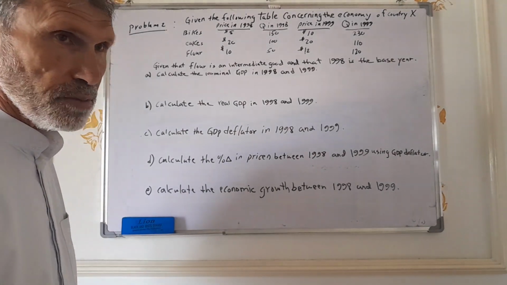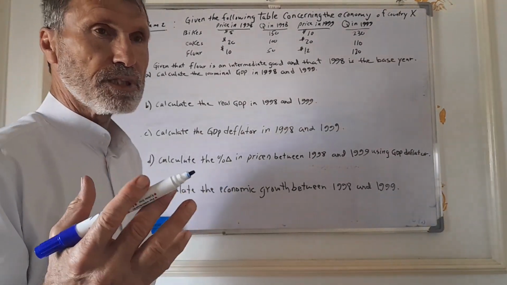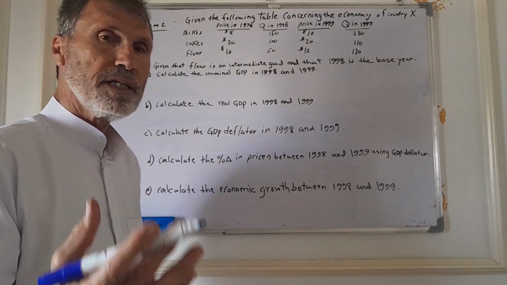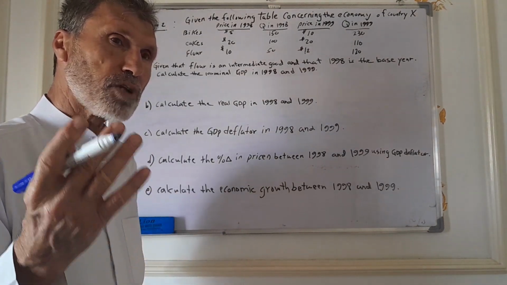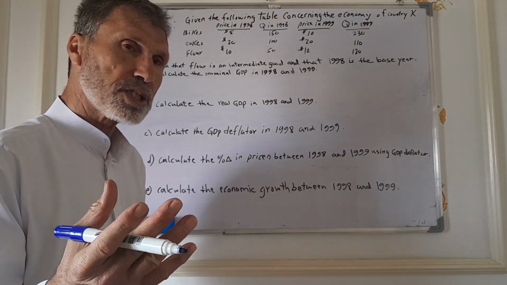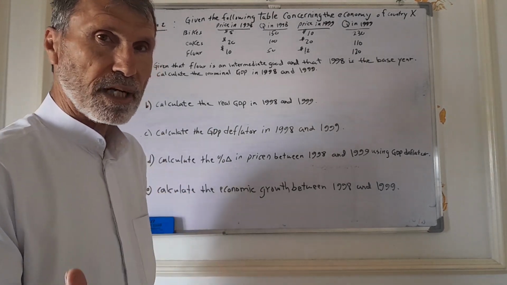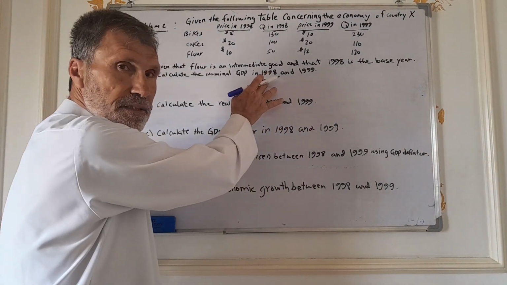Nominal GDP, when we talk about nominal GDP, we mean the value of production, or the measure of production, at current prices. What's the current price here? 1998.